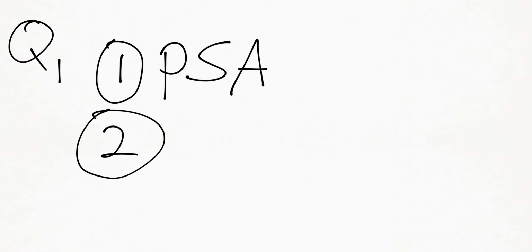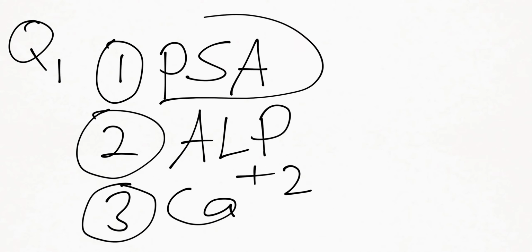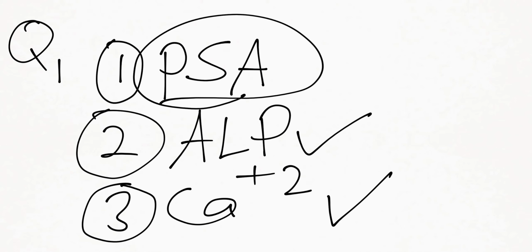Number 2, you are going to do alkaline phosphatase. Third, you are going to check the serum calcium. So PSA is related to the prostate directly. Alkaline phosphatase and serum calcium are related to metastasis to the bones and vertebrae. So they will be high if there is any metastasis. Fine, this is the answer for this question.